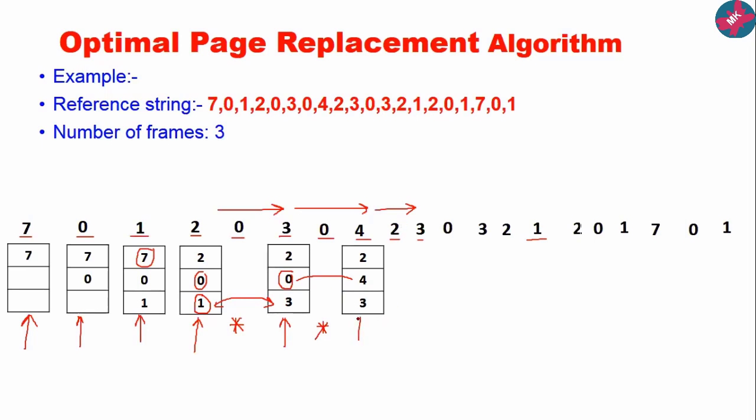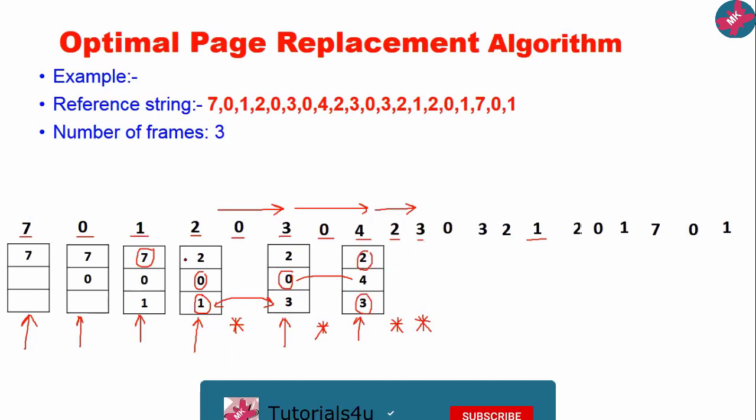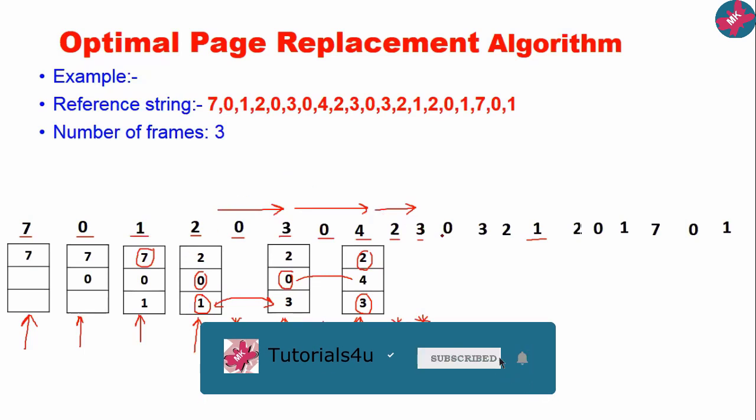So this is page hit. Then 3 is there. So again this is page hit. See the difference, since we are looking forward in time. So the number of page faults are getting reduced.